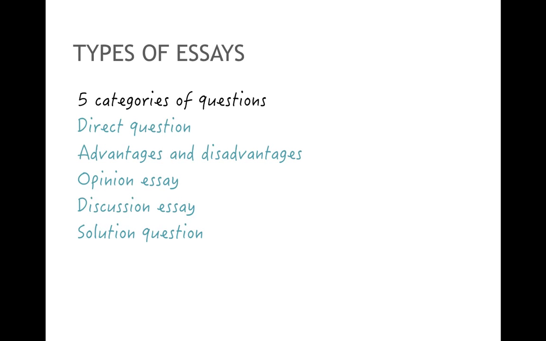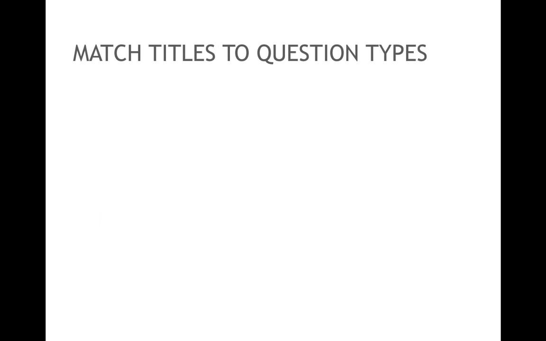The next one is a discussion essay, where they say discuss both sides of the question. And finally, it's a solution question. It's also called a problem solution question, where they say what are the reasons for this problem and what are the solutions for this problem. So those are the 5 types of essays.